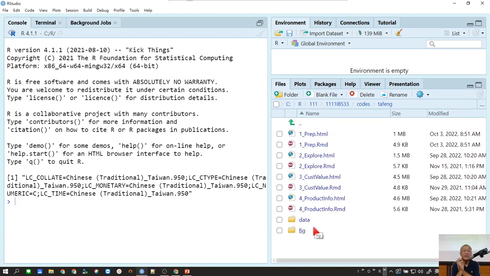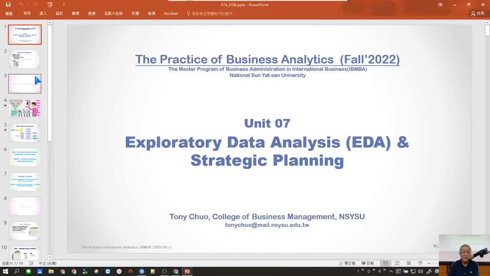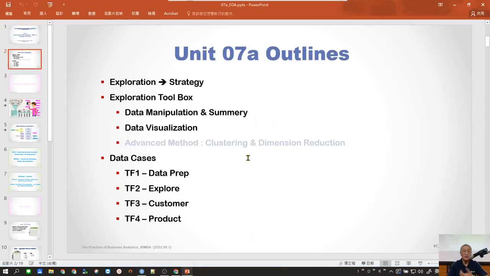So this is what I would like to walk you through, combining all of the methods that we have learned so far to do exploration, and try to use this exploration to do some strategic planning, okay? Yeah, so this is the game plan today, okay?